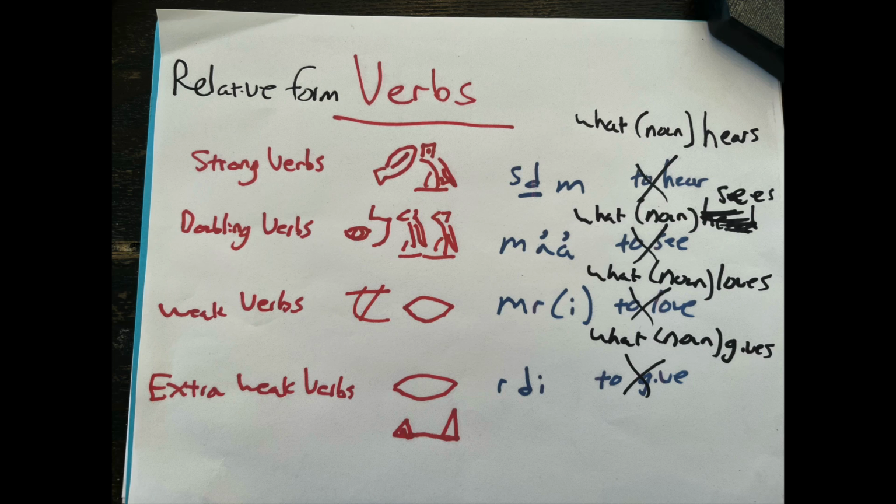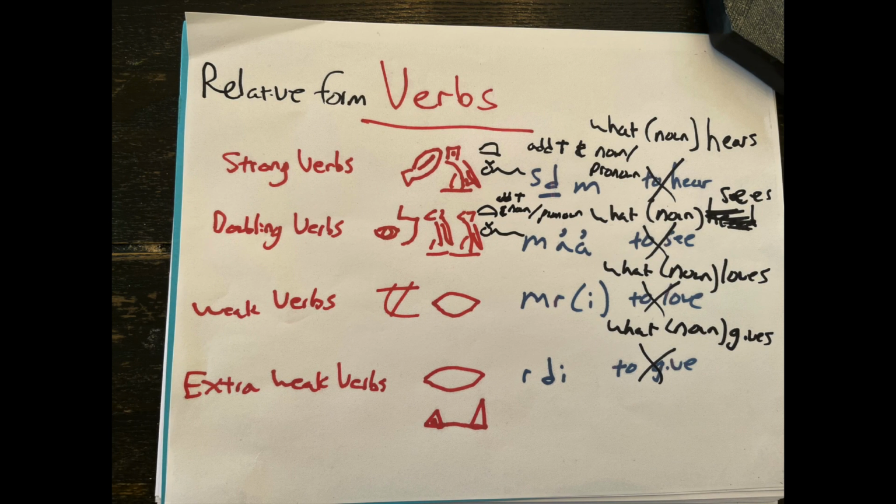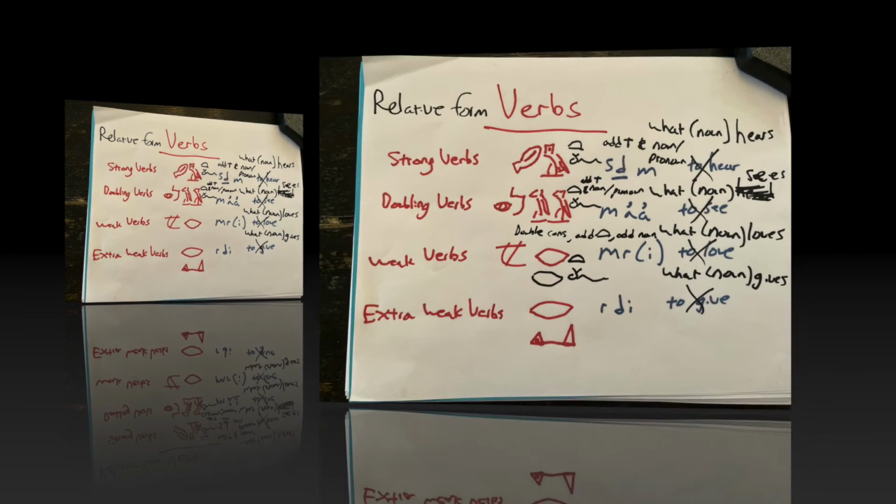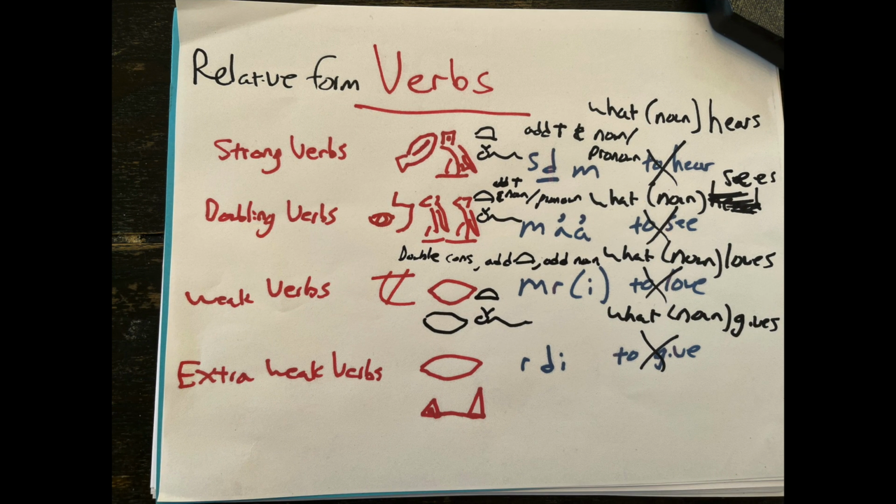So the overall clue that you are in the relative form, going from to hear to what a noun or pronoun hears, is we're going to add a T to every single form, strong, doubling, weak, and extra weak. We are going to add a pronoun to all of the forms. And then for weak and extra weak, we are going to double that final consonant.